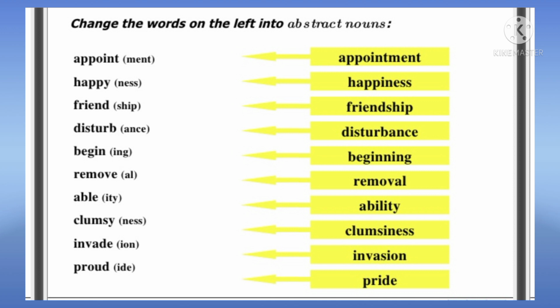Children, here we stop today's class. When we wind up, I give you some homework. First homework is, please write down 5 proper nouns, 5 common nouns, 5 abstract nouns and 5 collective nouns. That's the first homework. Next one is page number 1.